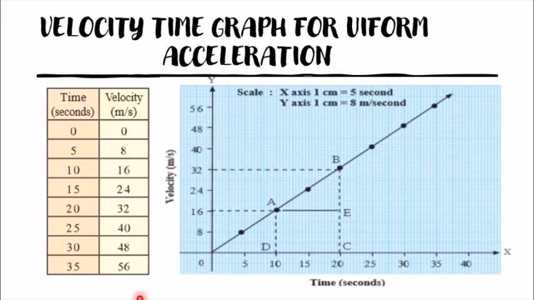It is uniform acceleration, so the graph is a straight line. After you plot all the points, we get a straight line, as the velocity changes by equal amounts in equal time intervals. So we need to remember that for all uniformly accelerated motion, the graph is always a straight line.